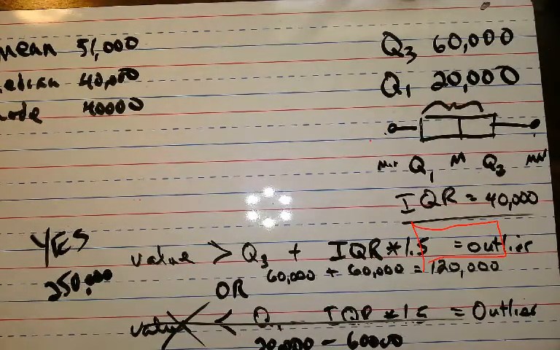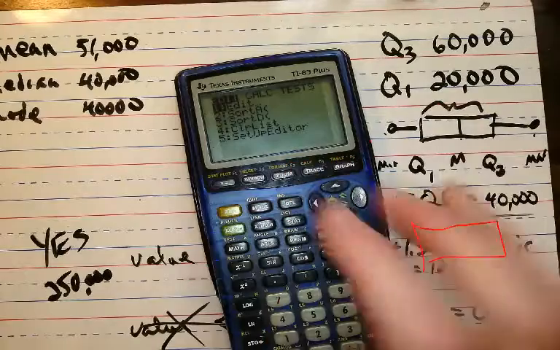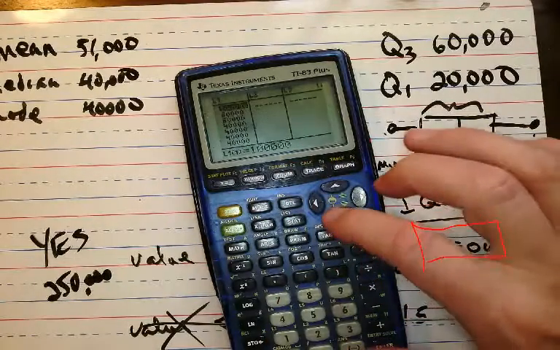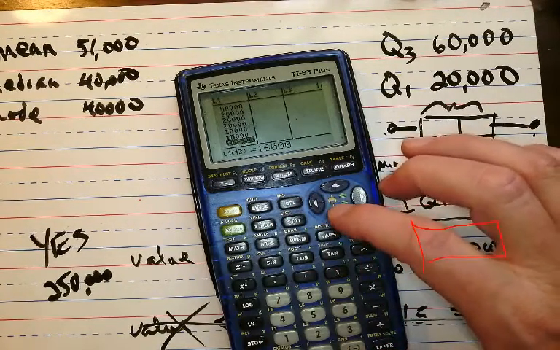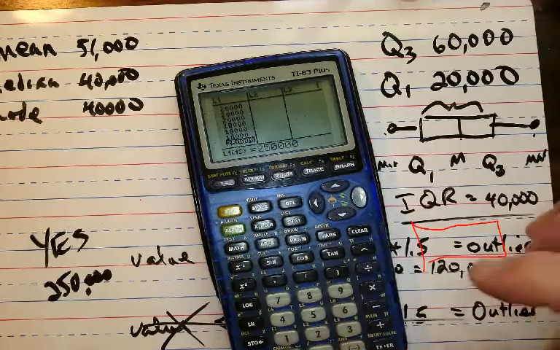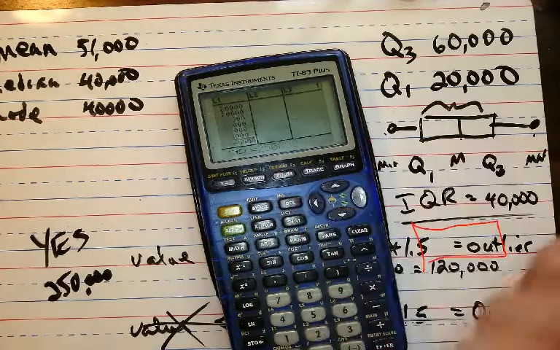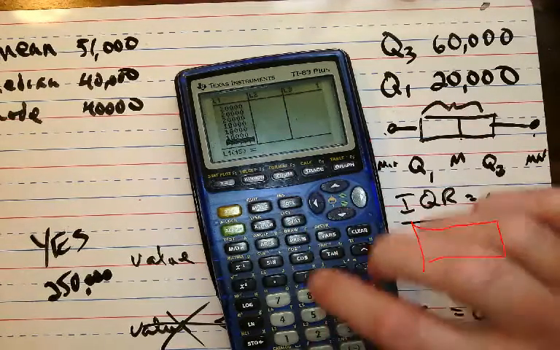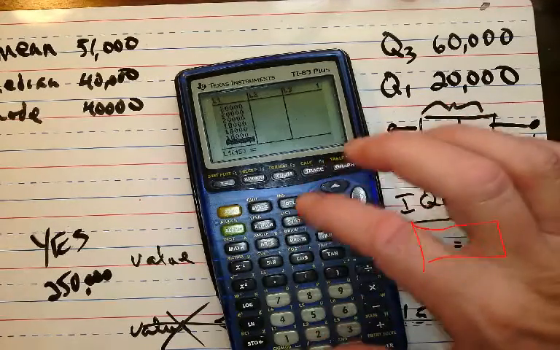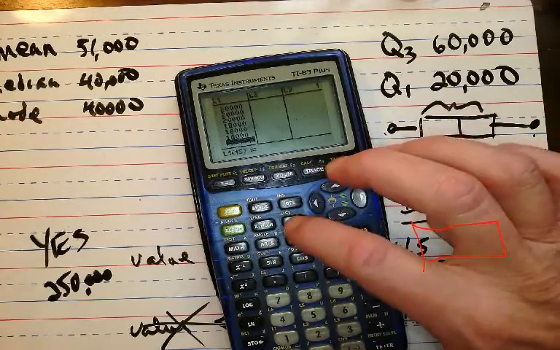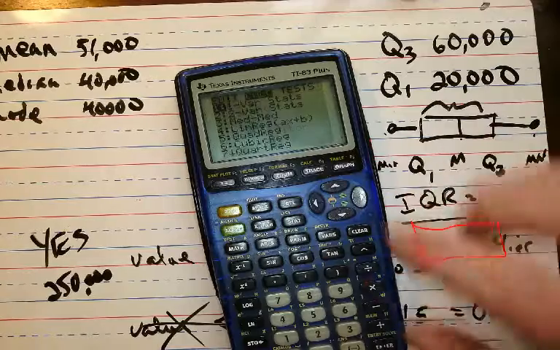Now, what if I take and remove the $250,000? It's gone, right? Now I have everybody, I take the outlier out.